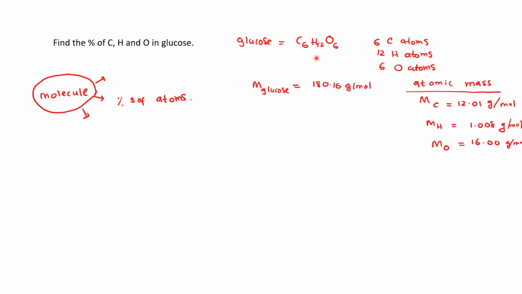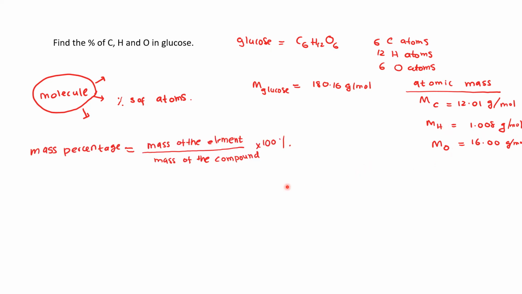So you can find the molar mass of glucose, which is 180.16 grams per mole. And then these are the other information you need, the atomic masses of carbon, hydrogen and oxygen. So the mass percentage of an element equals the mass of the element over the mass of the compound times 100.